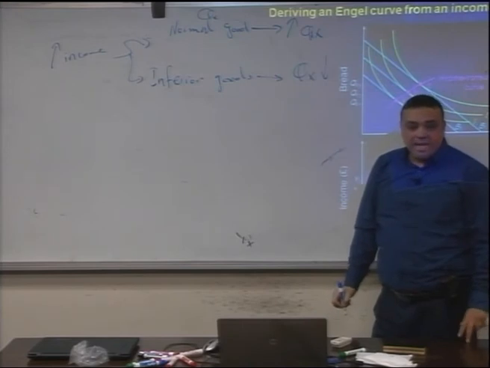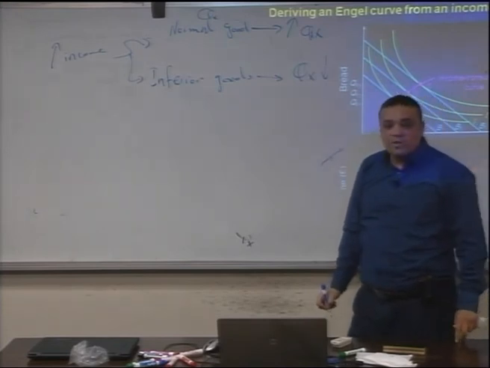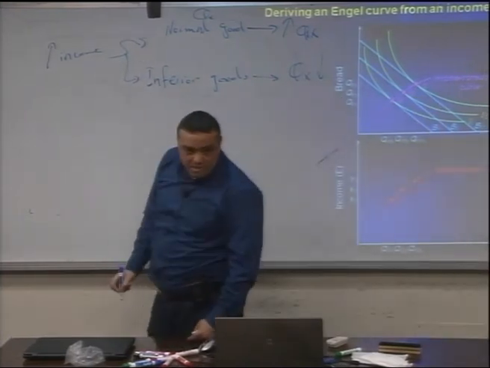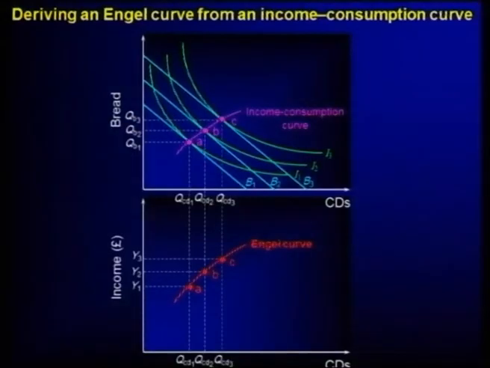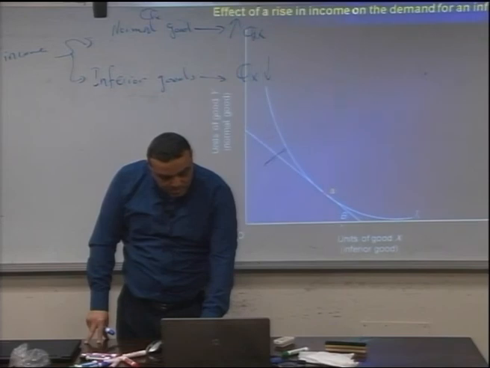So the income consumption curve is not always upward sloping. Here it has an upward slope, but sometimes you will find it with a negative slope.